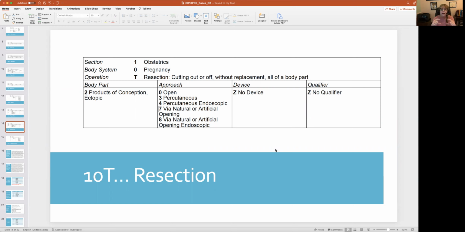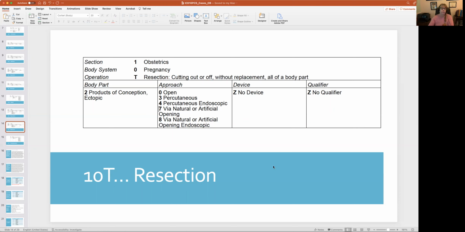A salpingectomy being performed because of an ectopic pregnancy. This is not a regular old hysterectomy on this woman where we remove the fallopian tubes also. This is specifically removing the fallopian tube, a salpingectomy, because there's a zygote stuck.